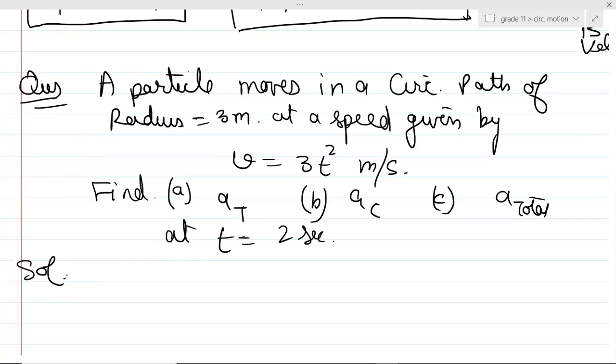Yes guys, tell me what the answer is. Anyone? The tangential acceleration is nothing but dv by dt, right? So you can differentiate it. I told you, differentiation and integration, do practice a lot because it will be there in every chapter of your physics.